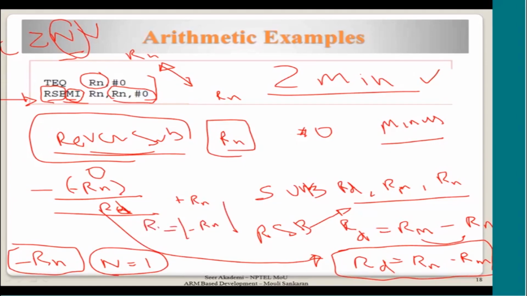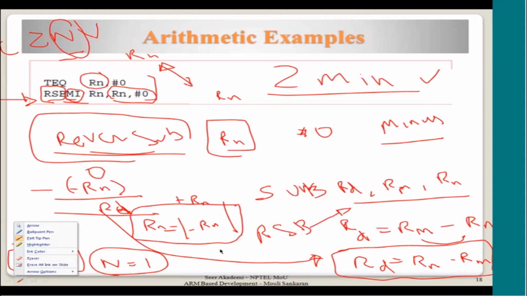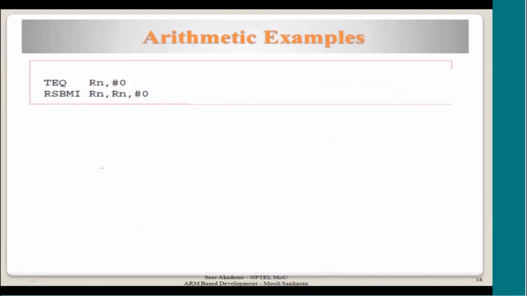The positive value of Rn, if it happens to be negative, is what you get. I hope you understood this. Now, if Rn was negative, it will subtract from 0. That means it will just do a 2's complement of that number itself, which results in a positive value, which happens to be the magnitude of that negative number. So it gets the magnitude of the value.